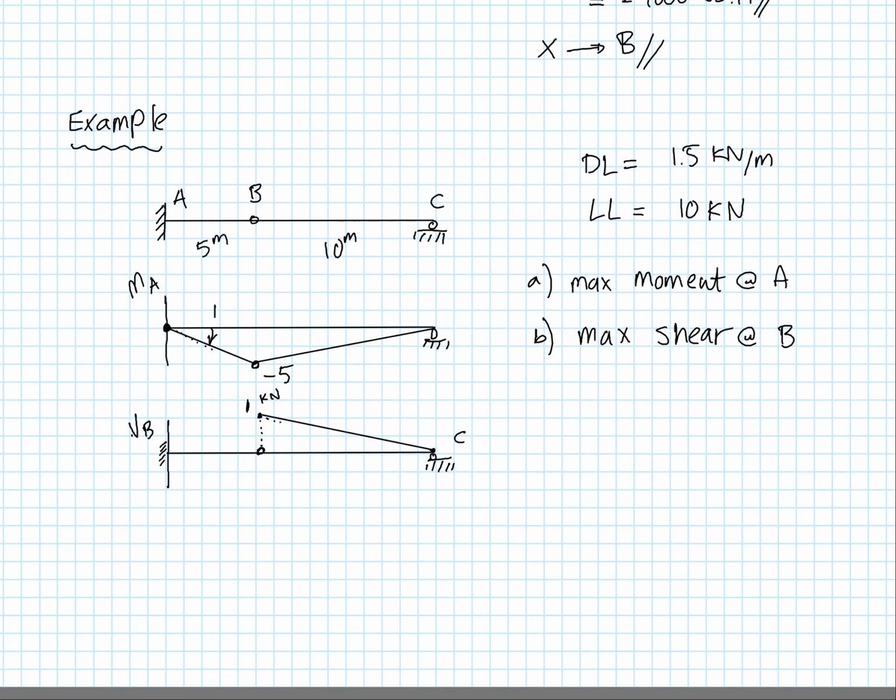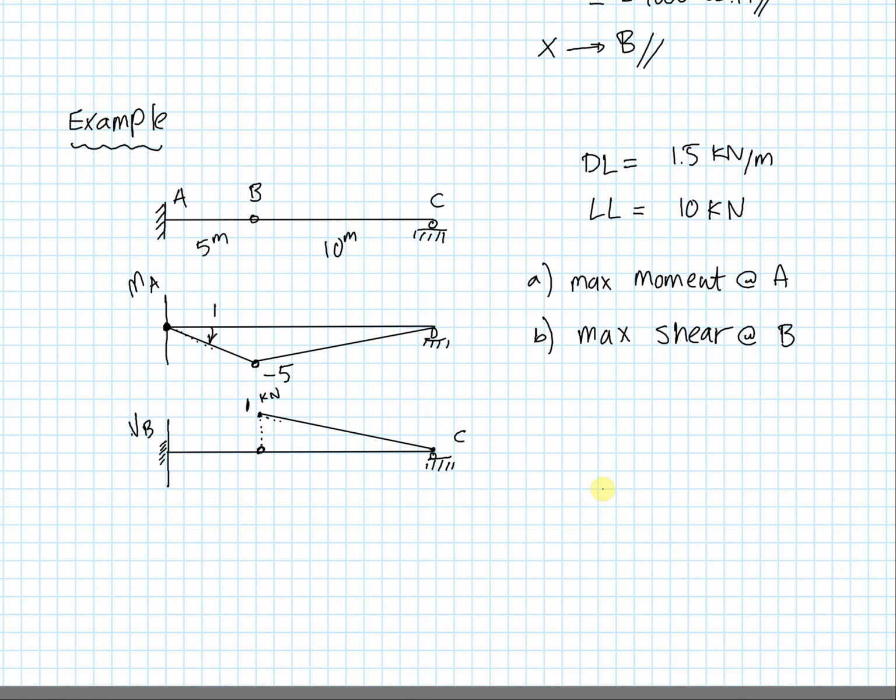And so let's do the math now. Dead loads are typically applied at all positions on a beam. So with dead loads, we cannot select where it will be applied. It will be applied along the entirety of the span of this beam structure. So when I do the math, I'm doing MA, and I'm interested in the max value. I can simply say that 1.5 kilonewtons per meter is applied at all positions. So I'm going to multiply it by this entire area, this entire triangle.